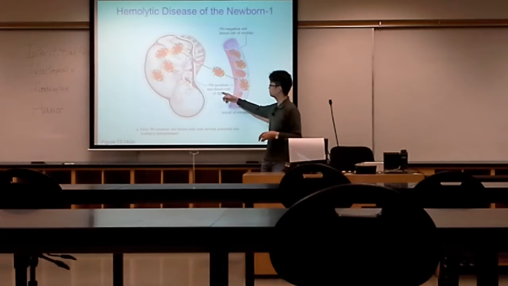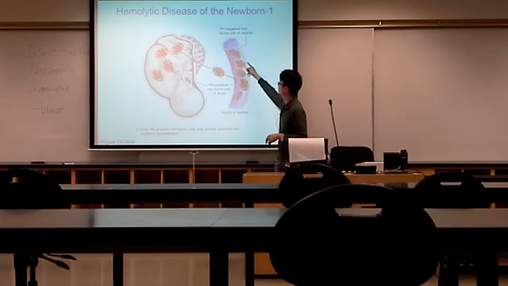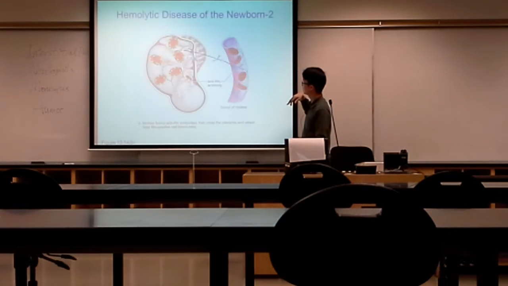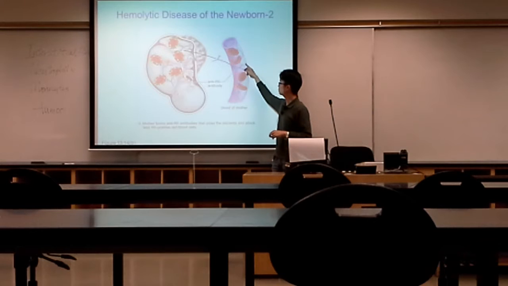The Rh positive blood cell from the baby can go through the placenta into the mother's blood. The mother's blood has no Rh factor. Because of that, the mother will start to make antibody against those Rh positive cells.